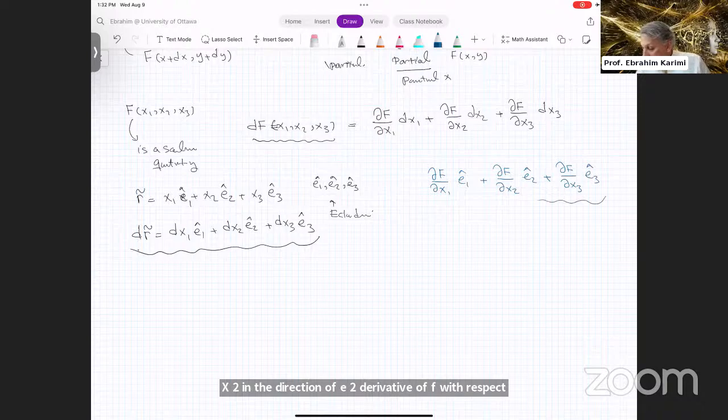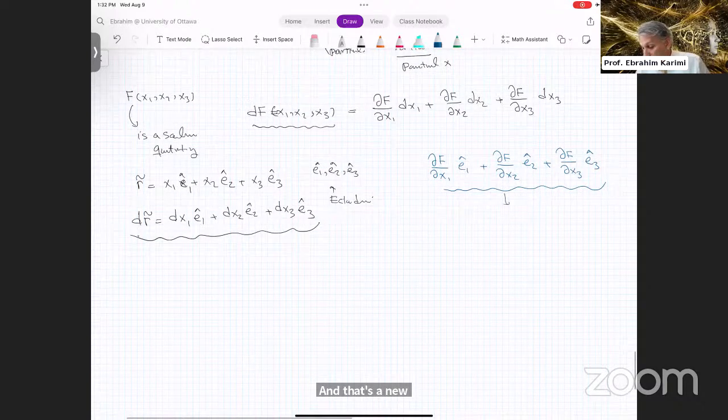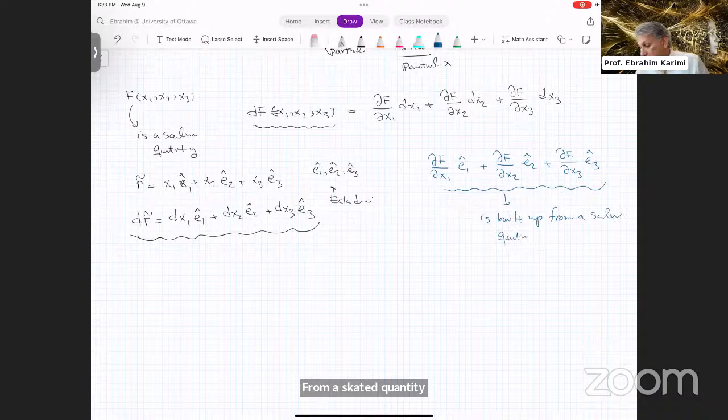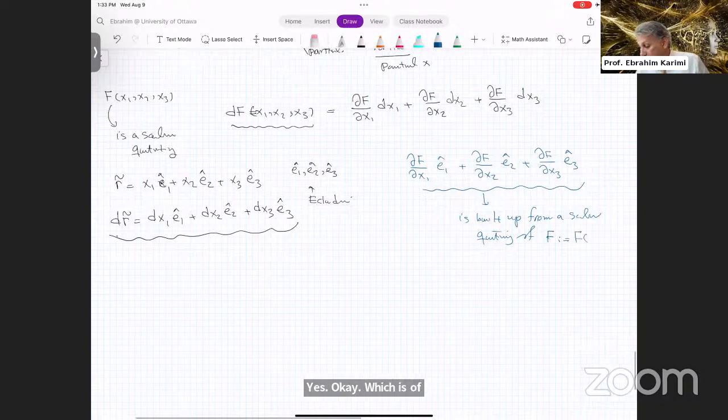And that's a new vector that is built up from a scalar quantity f, which is, of course, a function of x1, x2, and x3.